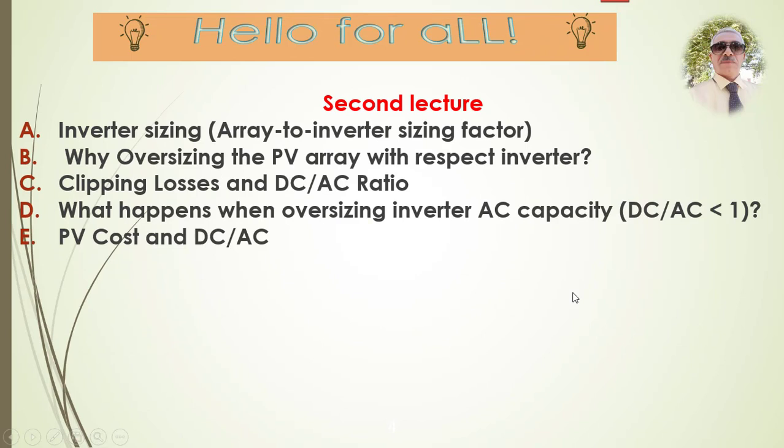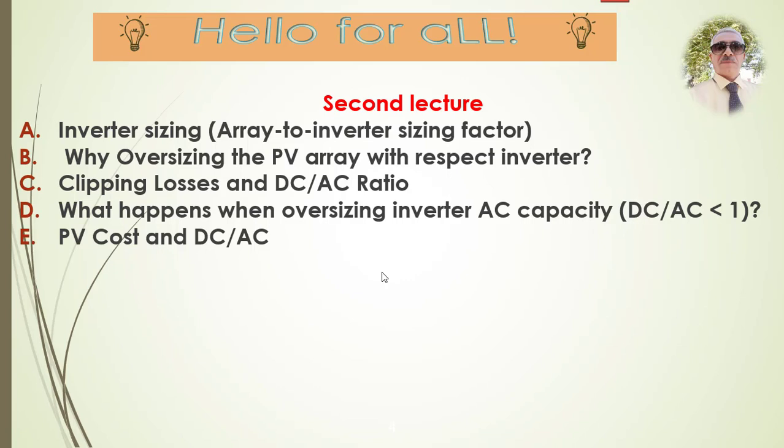In the second lecture, we will discuss inverter sizing, or how to determine the ratio of the photovoltaic array to inverter sizing factor. And also we'll discuss why we oversize the photovoltaic array with respect to the inverter, the clipping losses and DC to AC ratio.